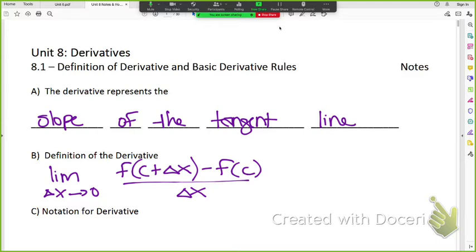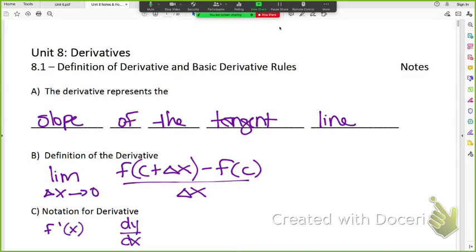So there are some different notations that you can use for derivative. We are used to seeing f of x. A derivative we can write as f prime of x. That's a notation for our derivative, f prime of x. You can also notate derivative as dy dx.